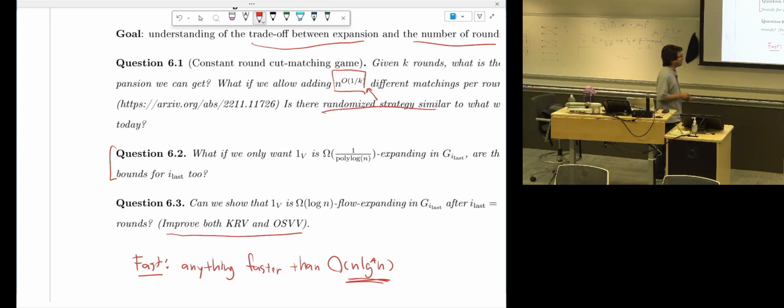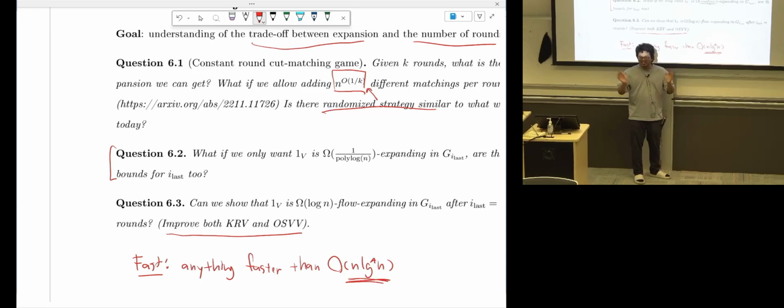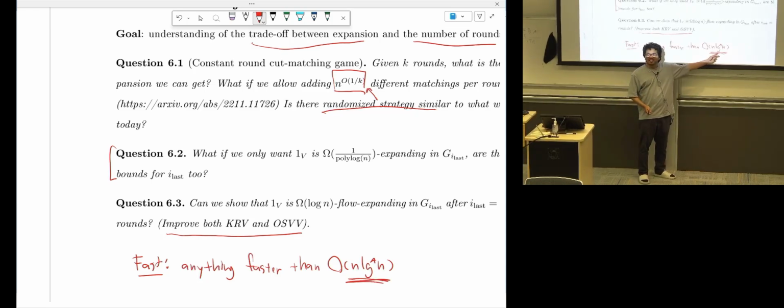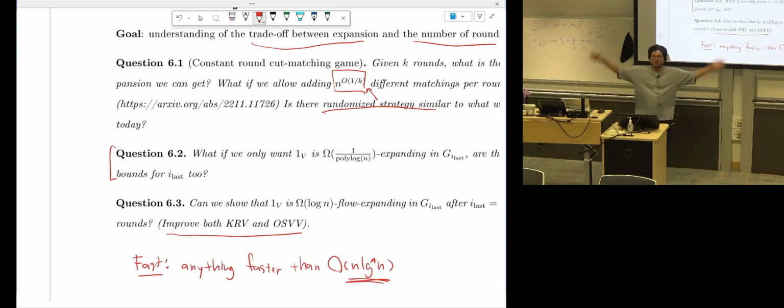Currently, all fast algorithms based on expanders that we're going to learn are based on the cut matching game. But as long as you use the cut matching game, you pay this much, log to the fourth. Can we hope for something like n log n, like sorting, that looks like a nicer bound? Everything based on cut expanders pays this log to the fourth factor. Can we do better? This is the bottleneck for the whole technology. Yeah, can we improve this?